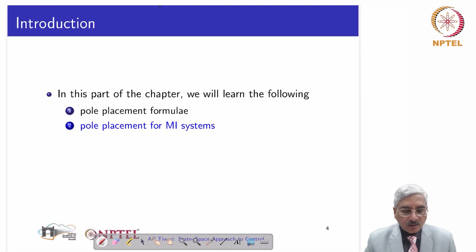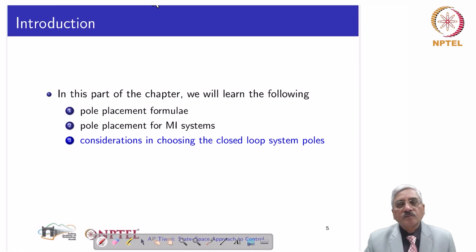We will also briefly look at the pole placement for multiple input systems, and finally towards the end of the chapter we will try to address a question which is postponed from the beginning, that where to choose the closed loop system poles. So the considerations involved and some guidelines for choosing the closed loop system poles.